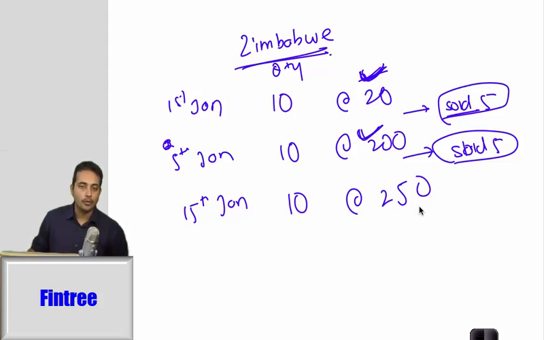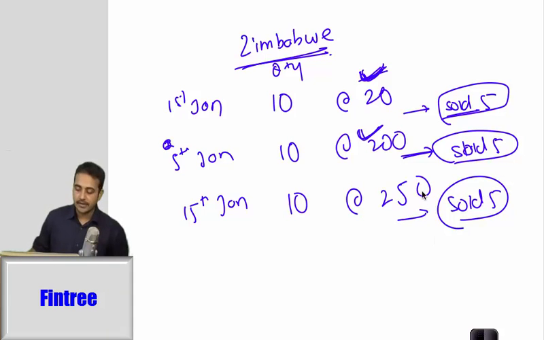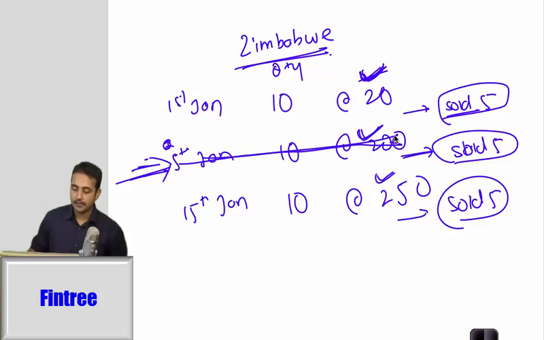Following this? LIFO, last in first out. So if you are selling here, you would consider the most recent purchase. If you sold another 5, then the COGS would be calculated at 250. But what the firm can decide to do, imagine this scenario: what if they simply do not buy here? Then when they sold 5, that COGS would be calculated at 20.